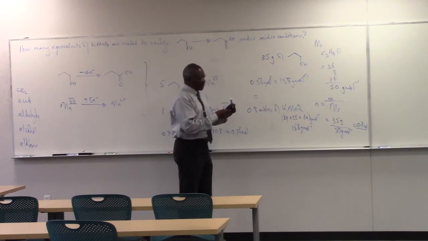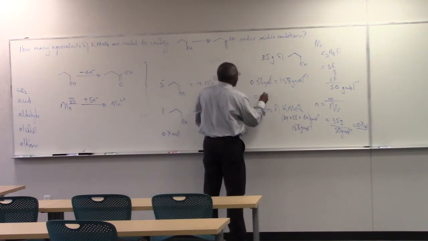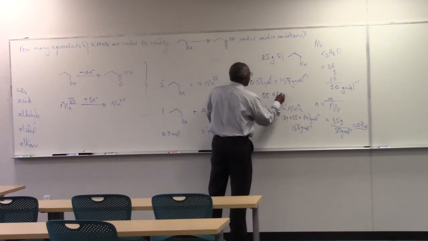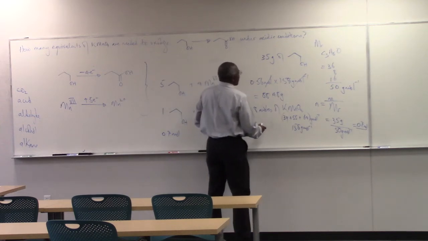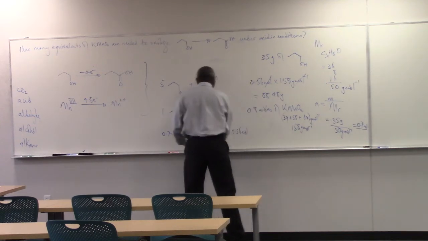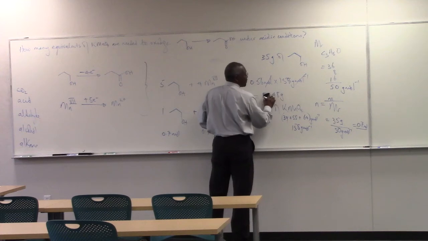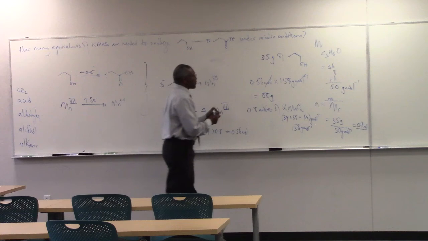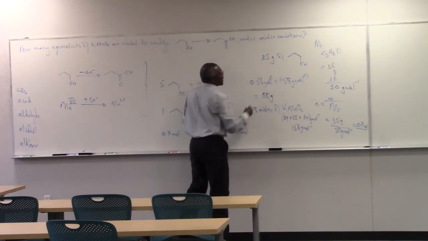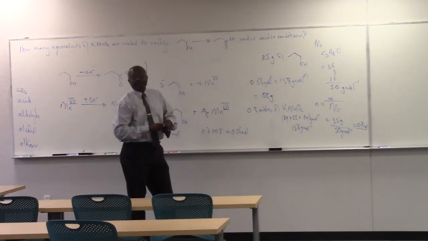So that's 0.56 times 158, 88.48 grams. I've got 2 sig figs, so I'm only allowed 2 sig figs in my answer, which is 88 grams. So I'll need 88 grams of potassium permanganate to oxidize 35 grams of the alcohol.